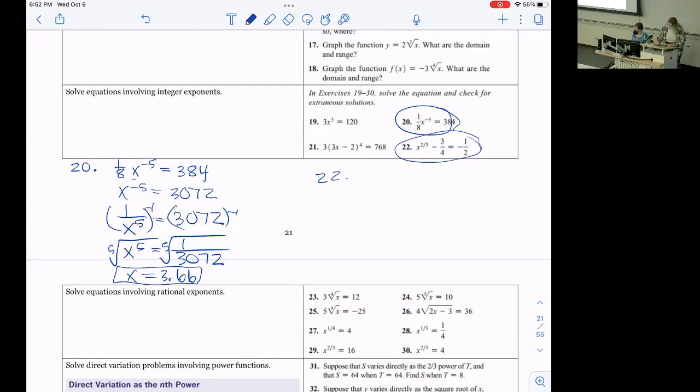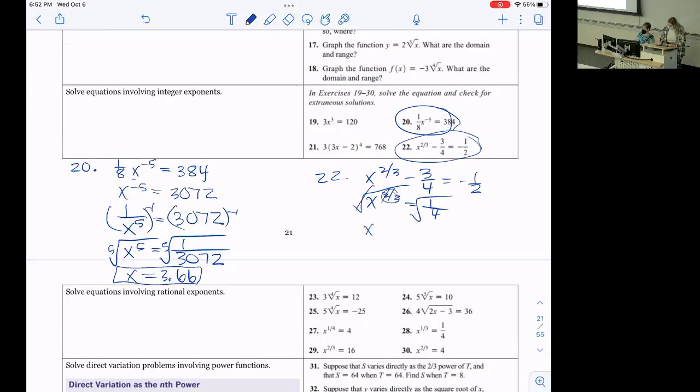And on 22, you're given x to the 2/3 minus 3/4 equals -1/2. And in order to isolate this x, we will move this 3/4 to the other side. So -1/2 plus 3/4, 1/4. And then we need to get rid of this 2/3 exponent. So square root of both sides, and this will get rid of this squared in the top.